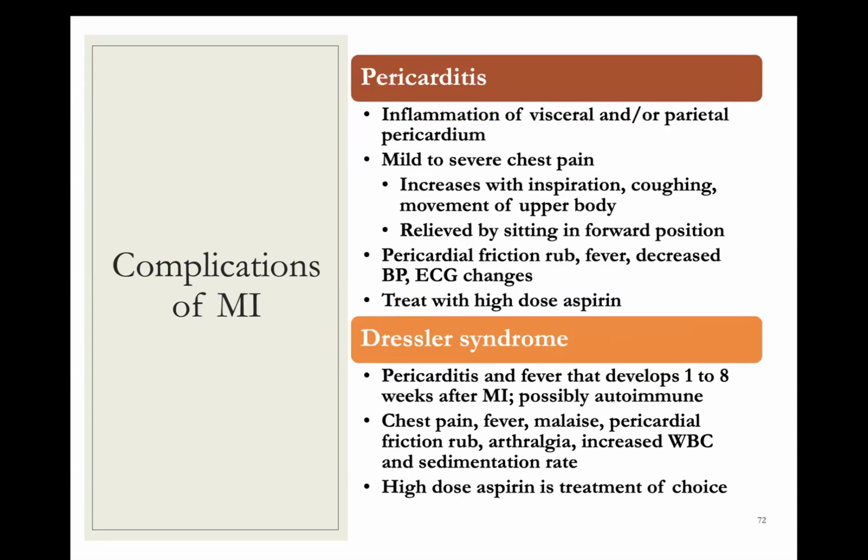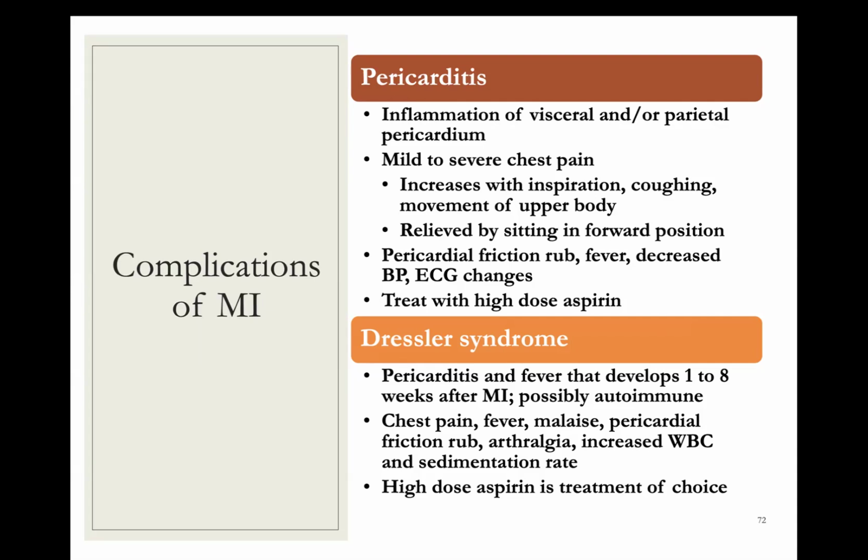Pericarditis. Remember when we talked about the pericardial sac that's around the heart? When there's inflammation of the pericardium, there can be extra fluid in there that surrounds the heart. When that happens, it doesn't allow the muscles of the heart to have space to contract and expand properly.